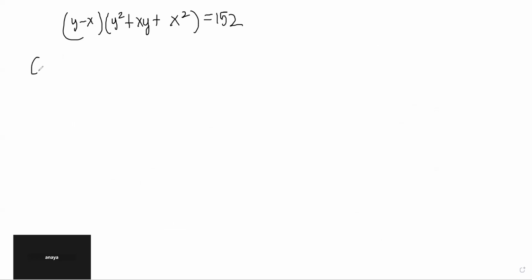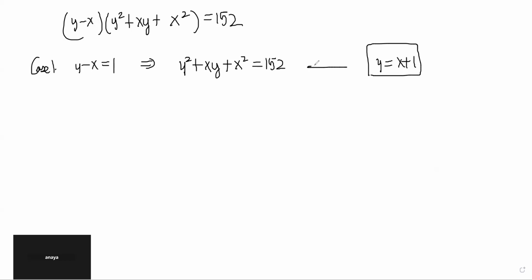Putting y equal to x plus 1 back in this, you get x plus 1 whole square plus x into x plus 1 plus x square.